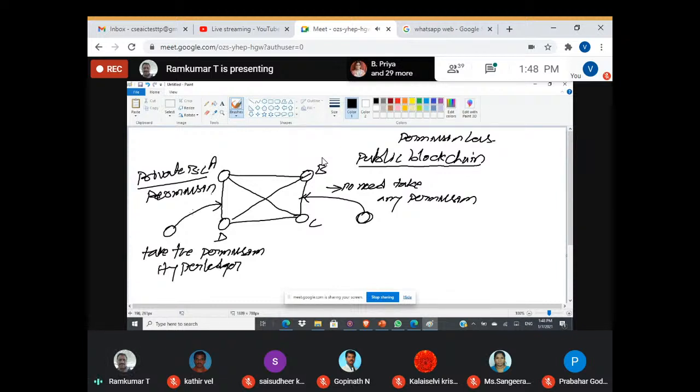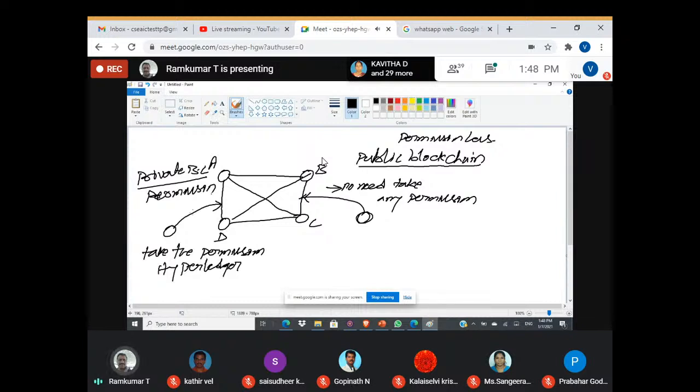If I want to register a date of birth certificate or get one, we frequently go to public service offices and no need to take any permission. We can directly go there. So remember, the public blockchain is like a public service, no need to take any permission, we can directly go. Now, suppose if I want to enter a hall or college, then I require some permission, right?